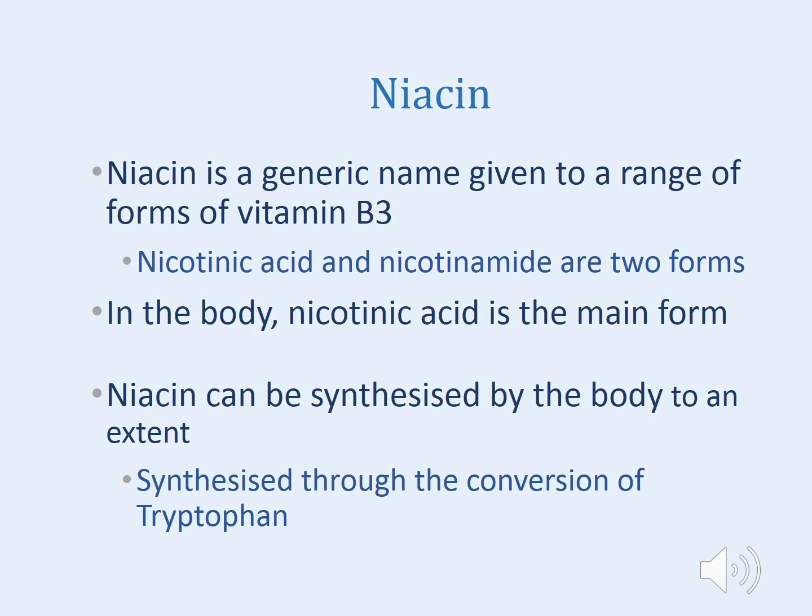So as previously mentioned, niacin is the generic name given to a range of forms of vitamin B3. However, the two main forms are nicotinic acid and nicotinamide. The main active form in the body is nicotinic acid, and we can actually synthesize niacin in the body to a certain extent from the essential amino acid tryptophan. 1 milligram of niacin can be made from 60 milligrams of tryptophan, and therefore foods containing niacin or tryptophan are considered dietary sources of niacin.